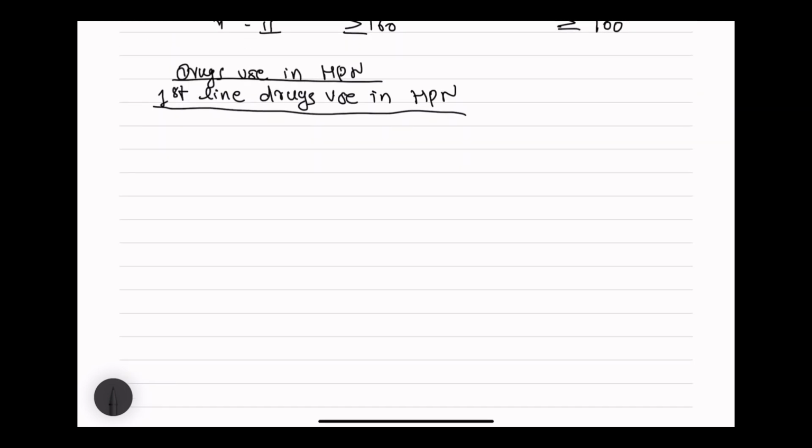In this condition we can remember the drugs with the mnemonic A, C, D, based on JNC 8.